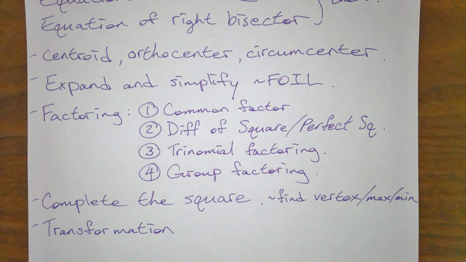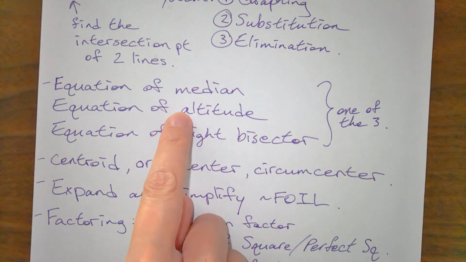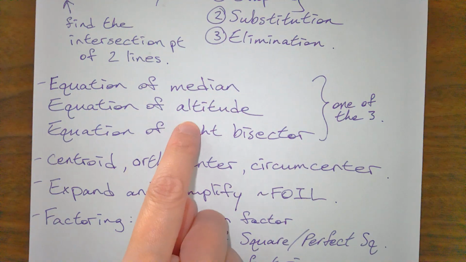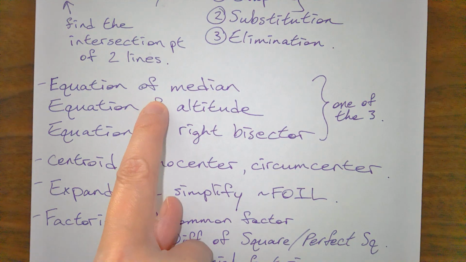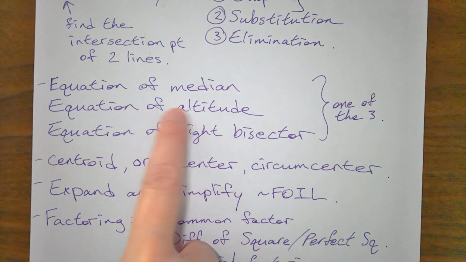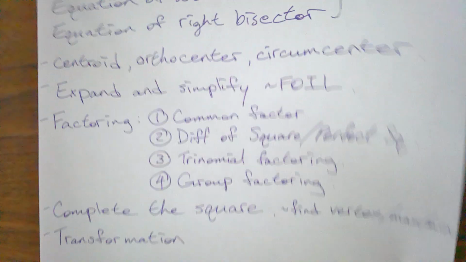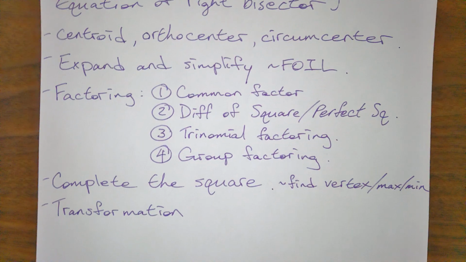There's no real formula for it, but you need to know the method. And then these ones are methods of how to solve a median, how to solve the equation of the thing.